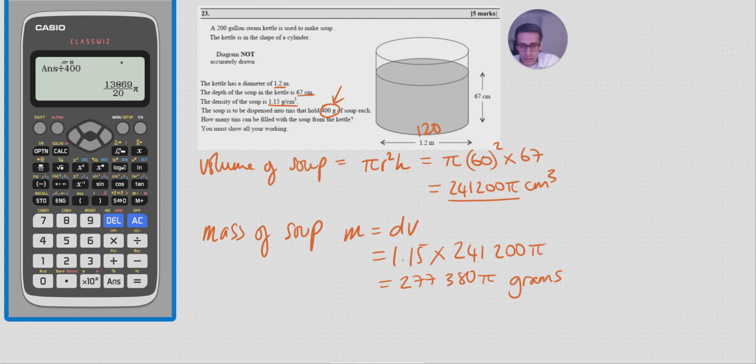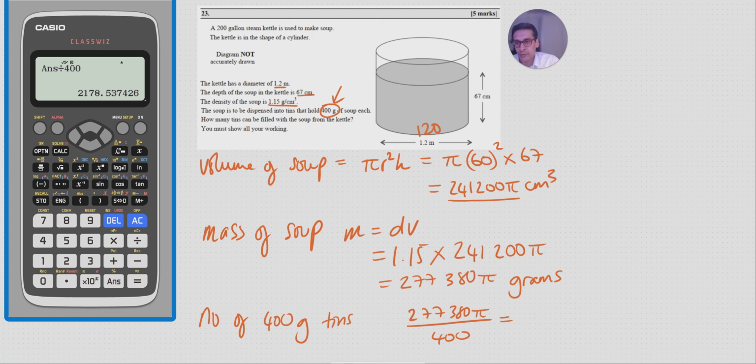So the number of 400 gram tins that can be filled would be 277,380 pi divided by 400. That is not a nice way of showing a number, so to change it to a decimal, essentially it's 2,178.5 tins, but we can't have half a tin.